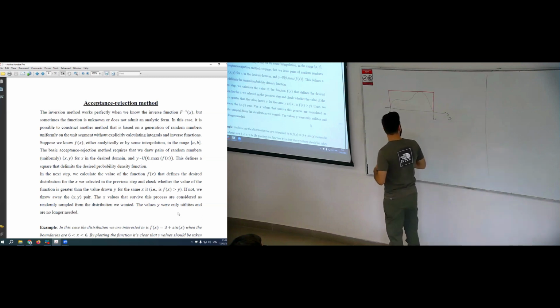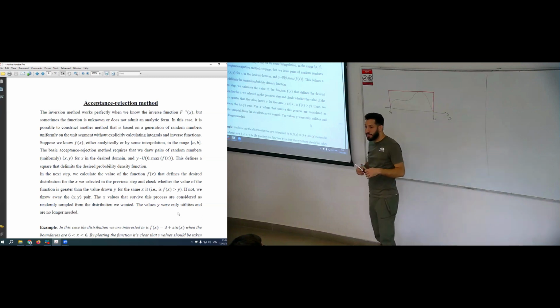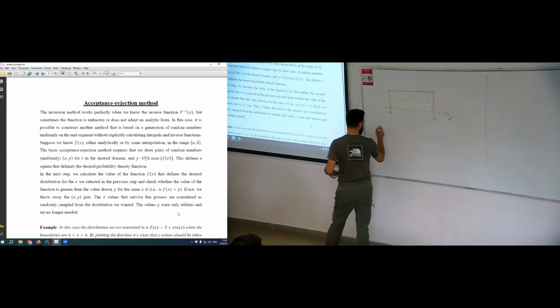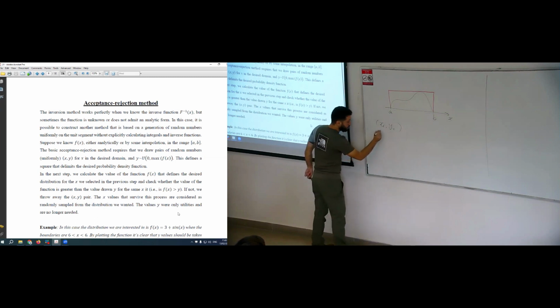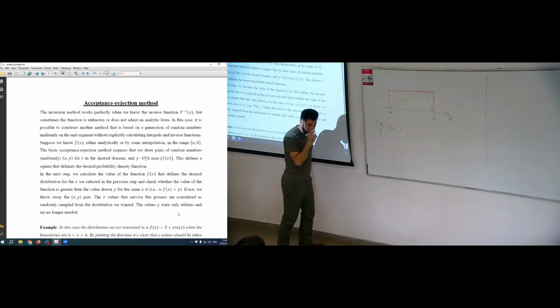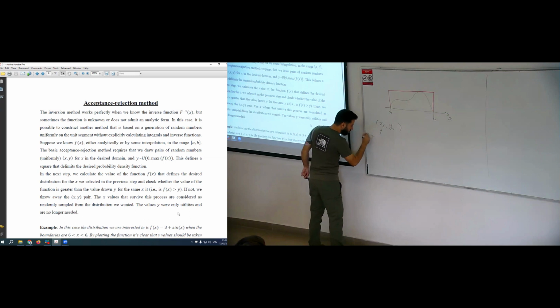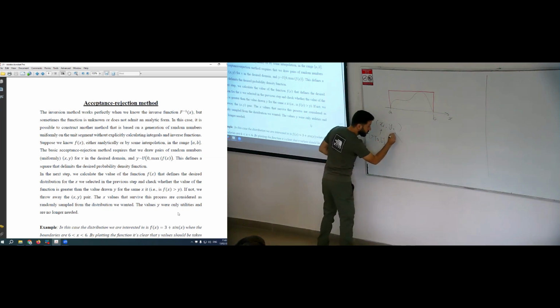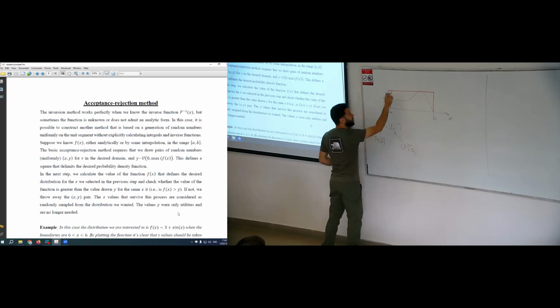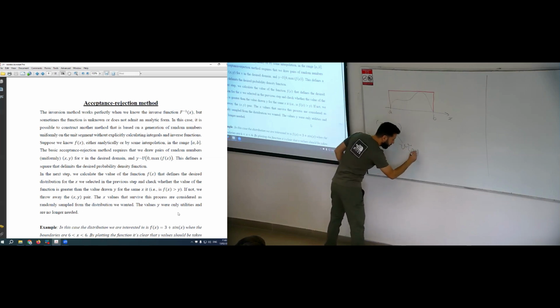So our method is to produce many pairs of xi and yi independently. I produce these x's uniformly from A to B, so the computer knows how to produce them, and I produce these y's uniformly from 0 to this maximal value, m.